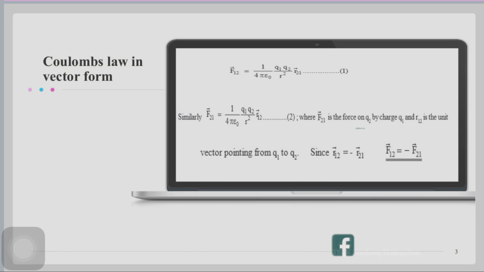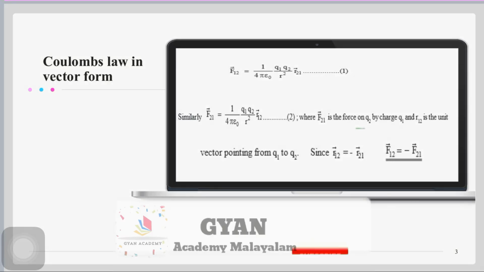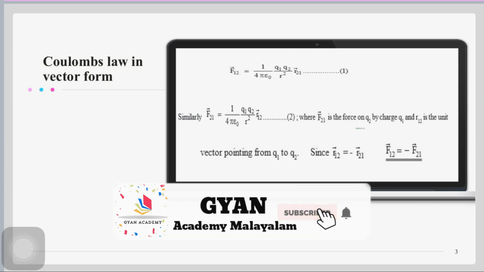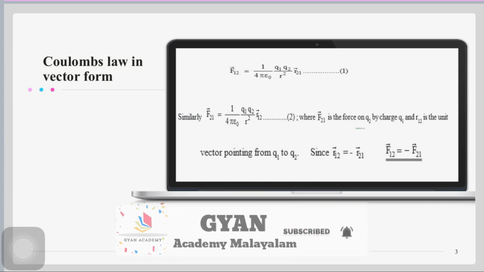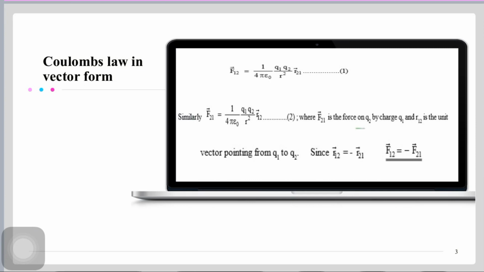If you want to find the force on charge 1 due to charge 2, F12 is given by 1 by 4 pi epsilon naught into q1 q2 by r square into r21, where r21 is a unit vector pointing from the second charge to the first charge.